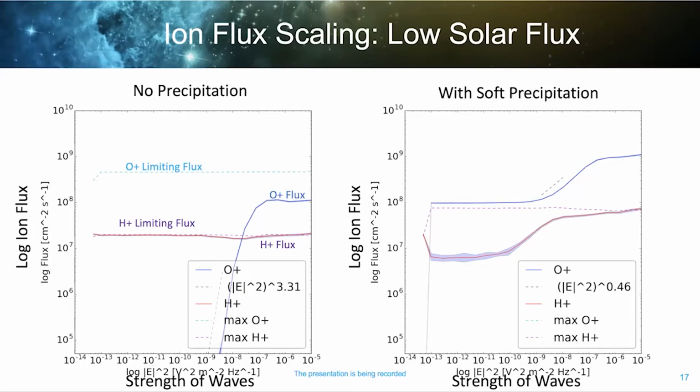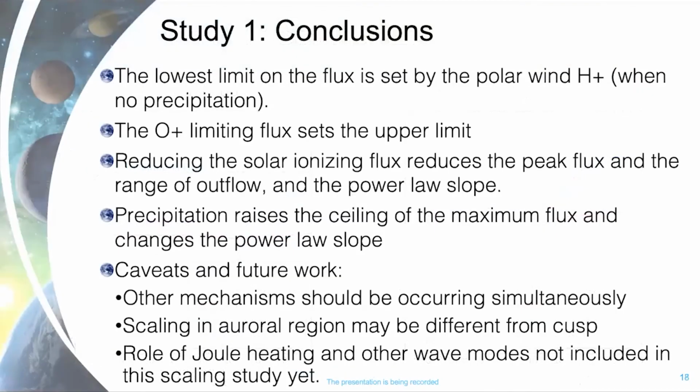So this is just a sampling of the different cases that we've looked at, but I think the conclusions are that the lowest limit of the flux that we see seems to be set by the polar wind, definitely when there's no precipitation. And there definitely is a limit on the upper O+ flux that you can expect. You just can't pull out more O+ after a point.